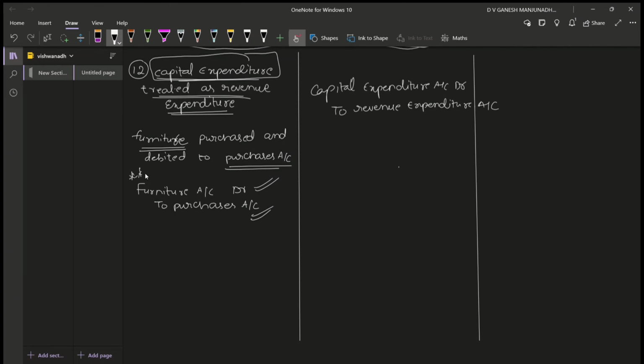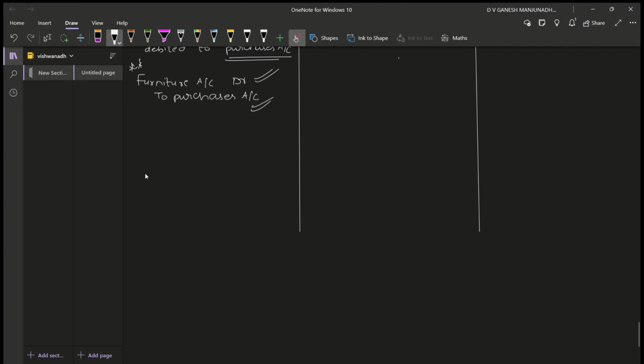This will be available maximum 99.99% in the adjustments only. If it is given in the trial balance, how can we decide whether a capital expenditure is treated as revenue expenditure? So it will be given in adjustments only.